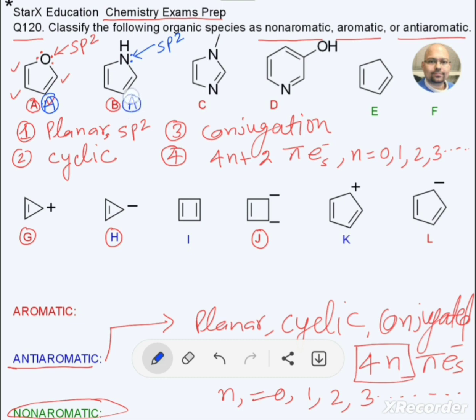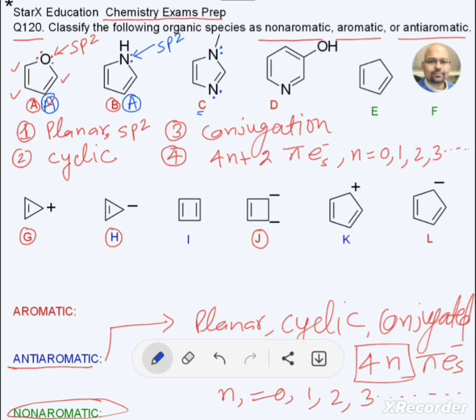Therefore B is also aromatic. Now compound C is called N-methyl imidazole. So now this nitrogen is similar to what we saw in pyrrole, but it also has another nitrogen here. And now this structure is planar, it's cyclic, and the atoms are conjugated for pi electron movement.